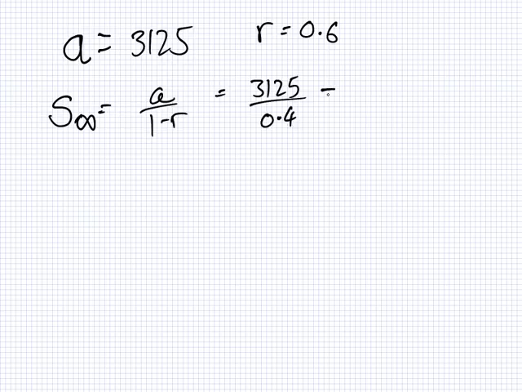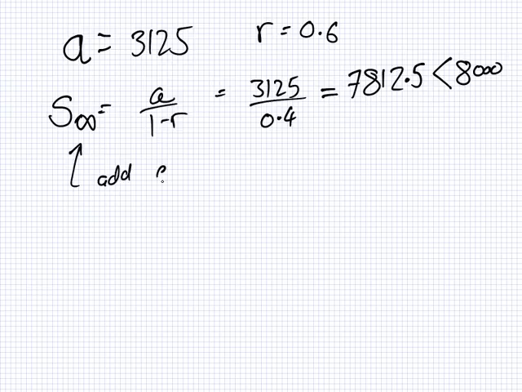What's that, please? 7812.5, which is less than 8,000. Yeah, so it cannot reach 8,000 because even when we add every term, the result is less than 8,000.